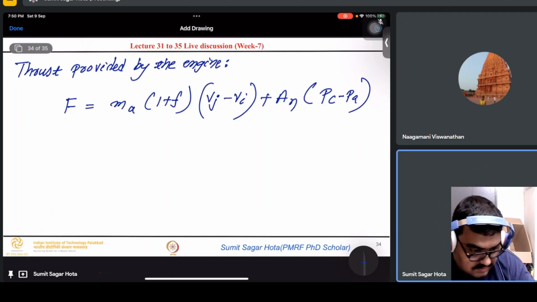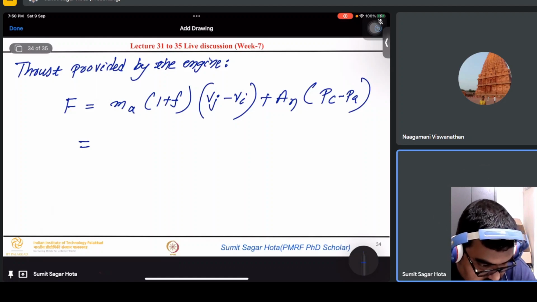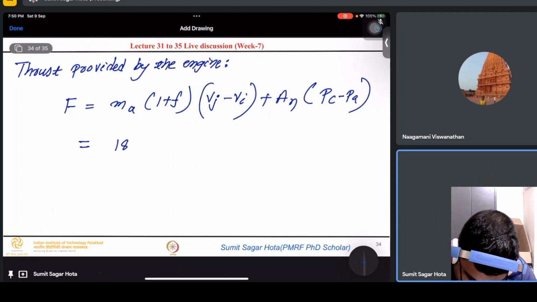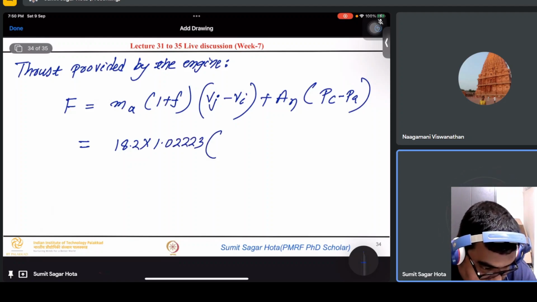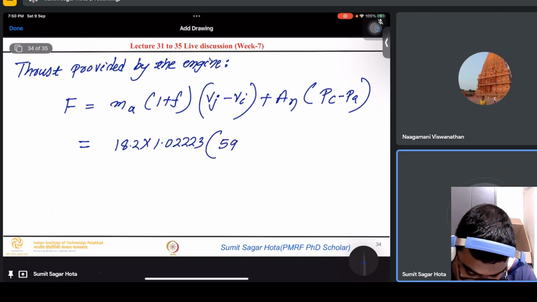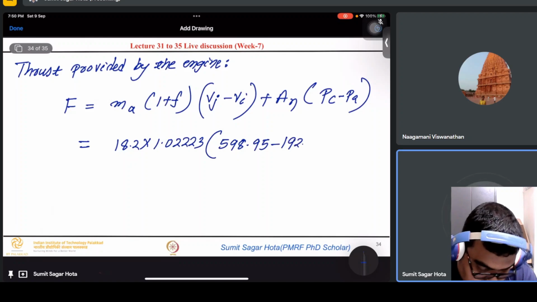So just substitute all the values: 18.2, 1.0223, Vj 598.95, Vi 192.06.